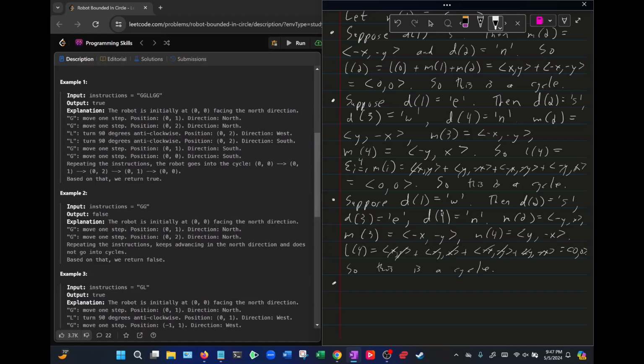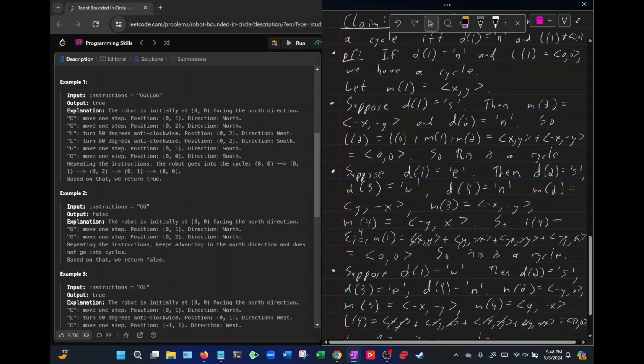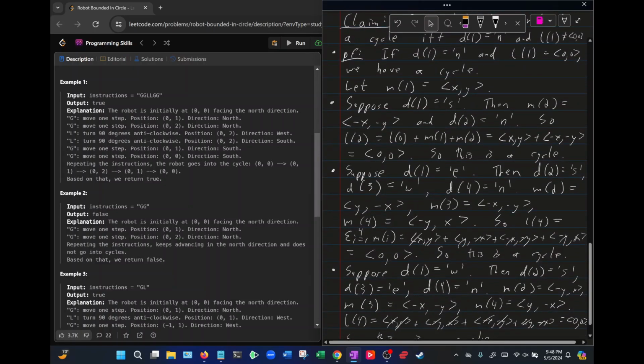Okay. All right. So that's a bunch of scenarios where we have cycles. What's left? The only remaining scenario is, so what is the direction? We know if D1 is south, east, or west, then we have a cycle.